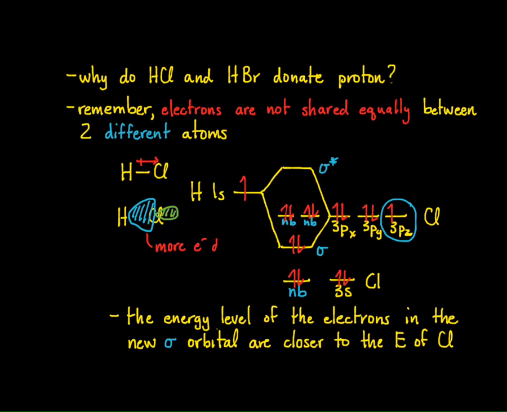The key is to understand there's more electron density at the chlorine, less electron density at the hydrogen. And so we get that separation of charge. Our molecular orbital picture comes into play when we talk about reactivity, but it also reinforces the idea of that dipole between hydrogen and chlorine.